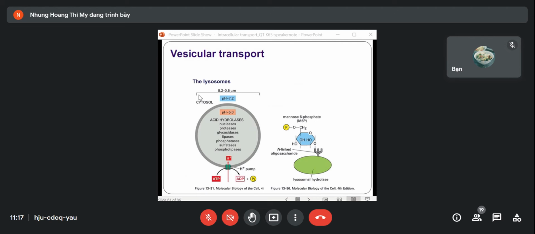So as you learned in the lesson on intracellular compartment, the lysosome is somehow like the stomach of the cell, where they can digest many types of molecules inside the cell, because they contain a set of acid hydrolases, like nuclease, protease, glucosidase, lipase, phosphatase, sulfatase, and phospholipase.